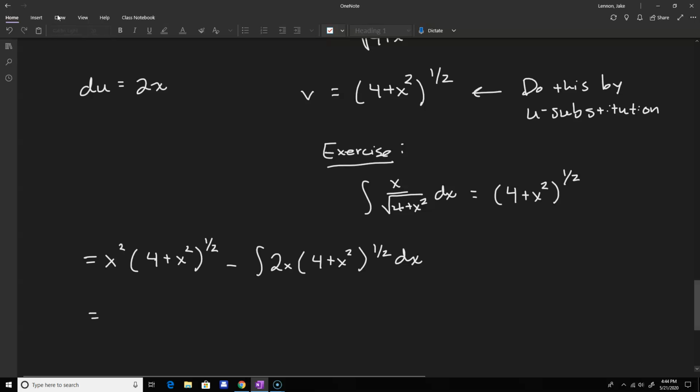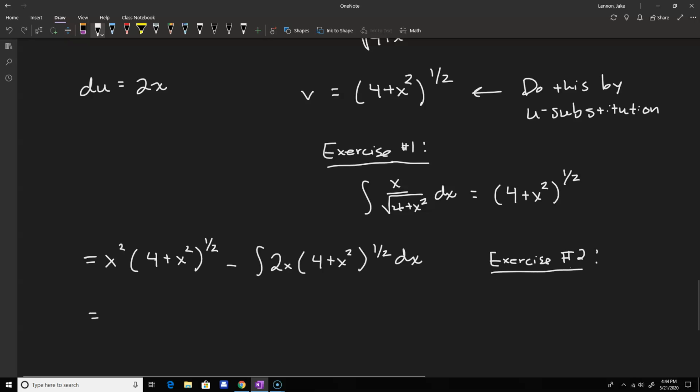So maybe we should write exercise number 1 and exercise number 2. You need to compute the integral of 2x times 4 plus x squared to the 1/2.